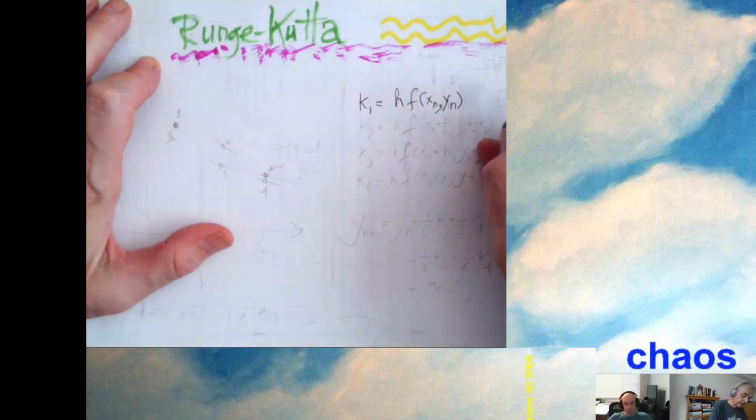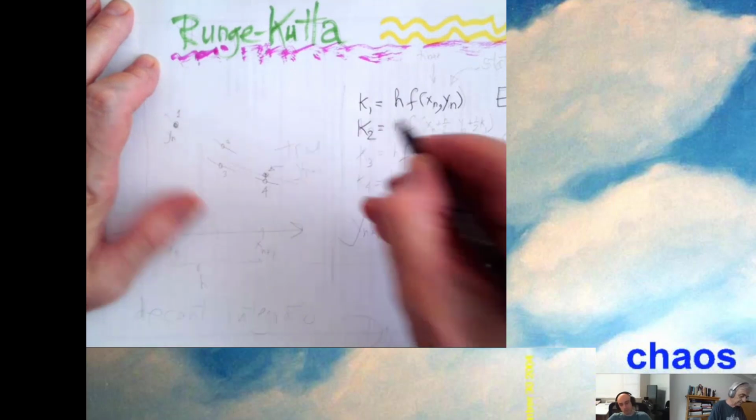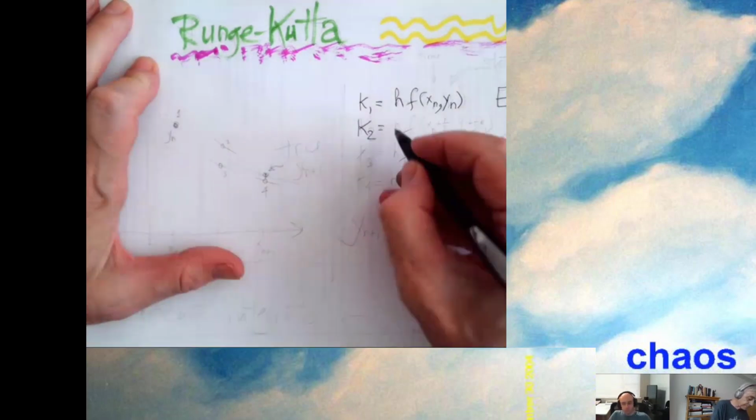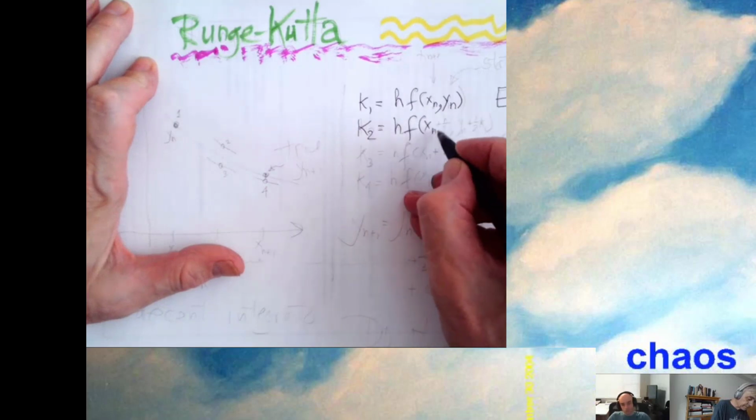So the way this works, we started with Euler. Then we went to Midpoint and improved it.